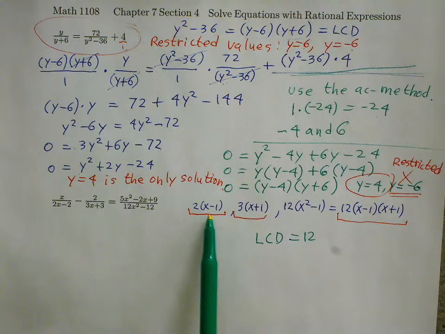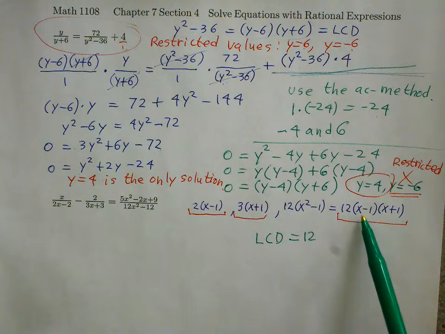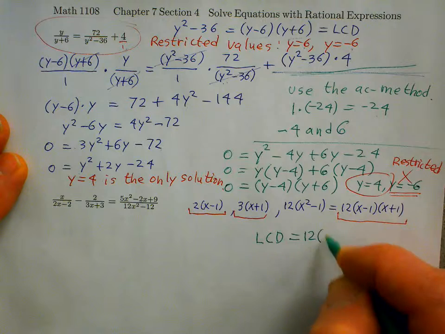This denominator has one factor of x minus 1. So that means x minus 1 has to be in the factorization of the least common denominator. The denominator on the right has x minus 1. So the least common denominator will have one factor of x minus 1.